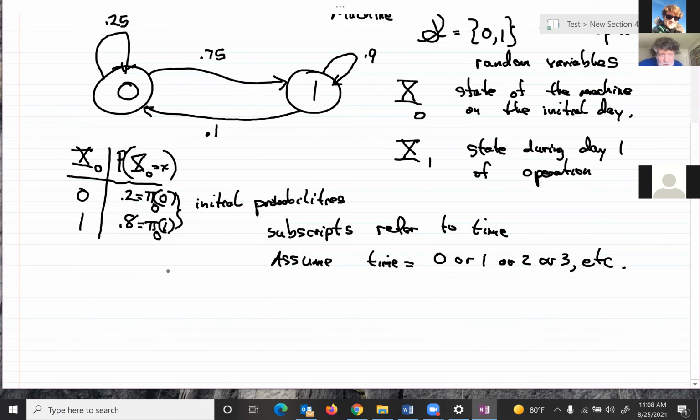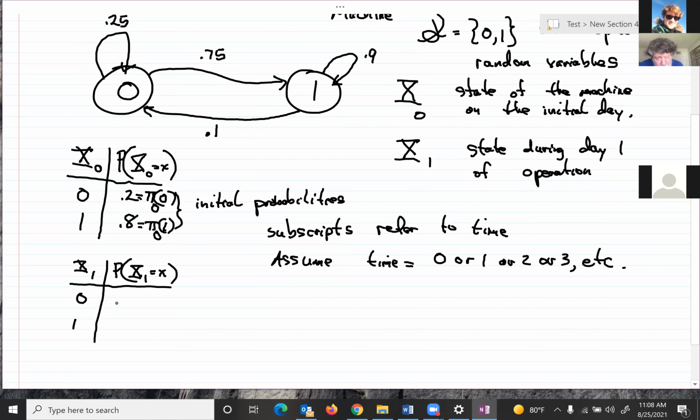And then the notation, well, what about, say, at the end of day 1, if you want to think of it that way? At the end of day 1, it's either working or not. We don't know what those are, but I'm going to use the same terminology. This would be the probability at day 1 of the machine either being broken or working.